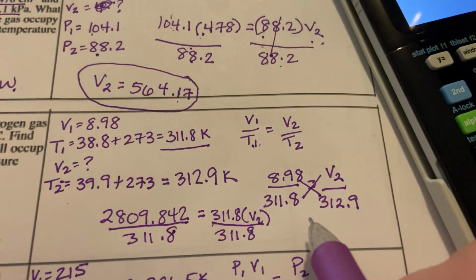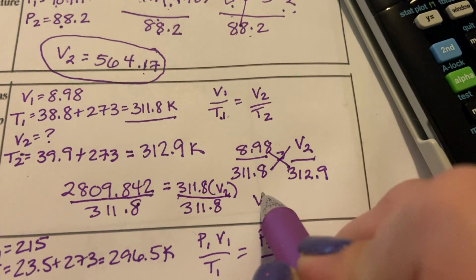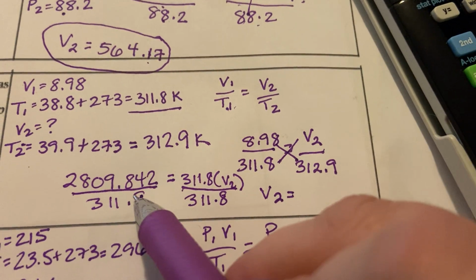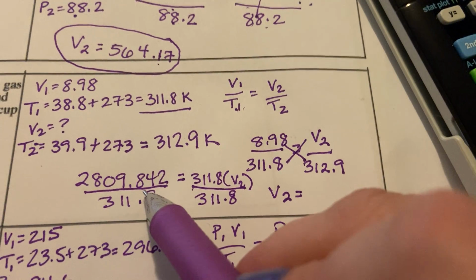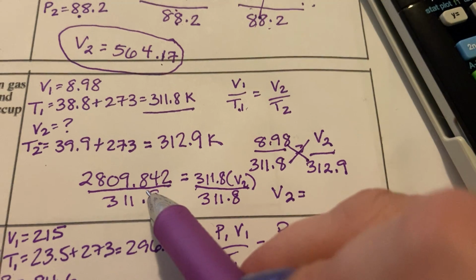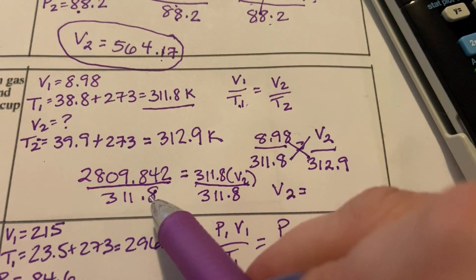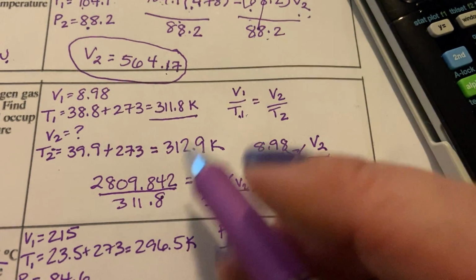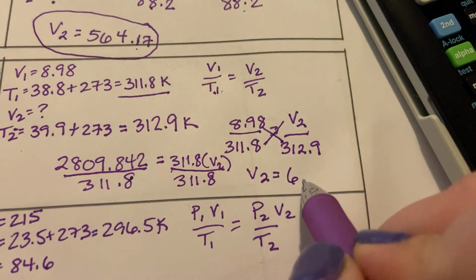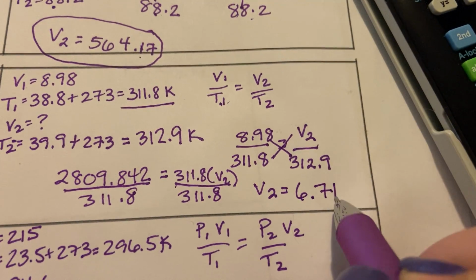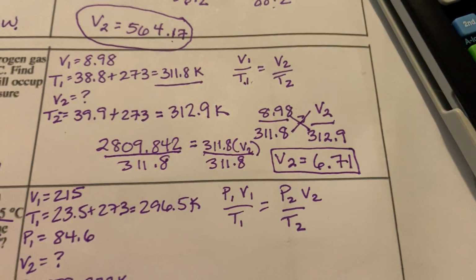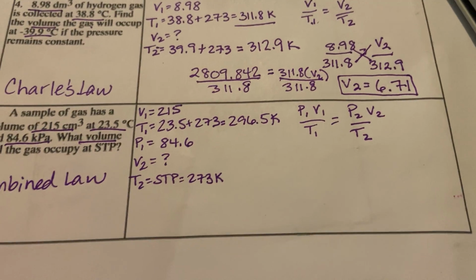Okay, so that means my volume 2, when I take these two numbers and divide, should come out to, let me double check. Yes, should be 6.71. Now, let me know if I mess up on my math, okay?